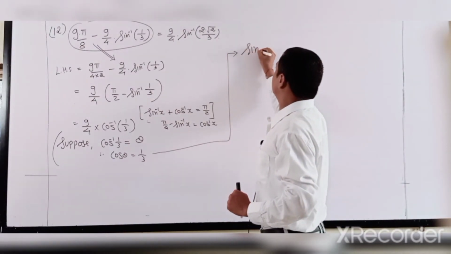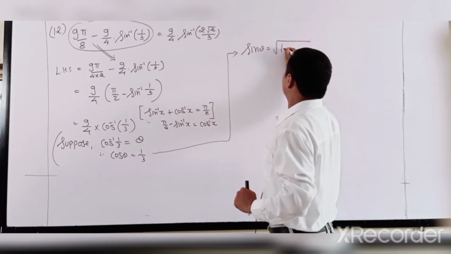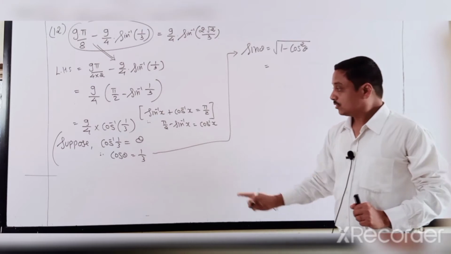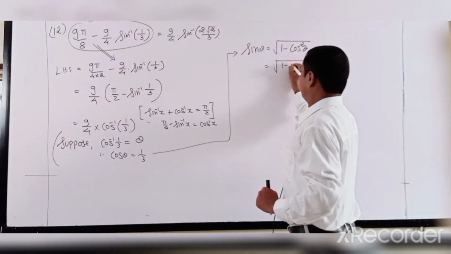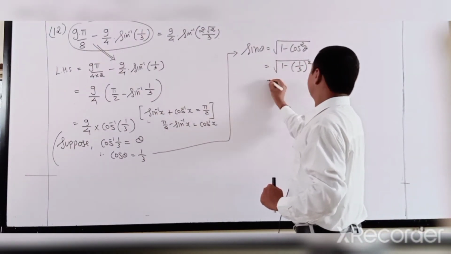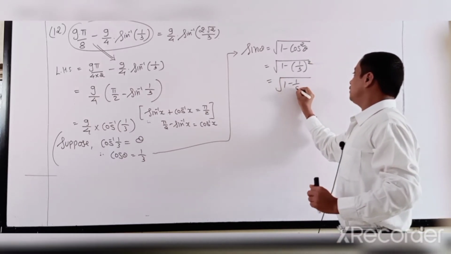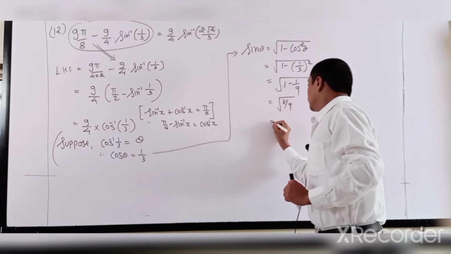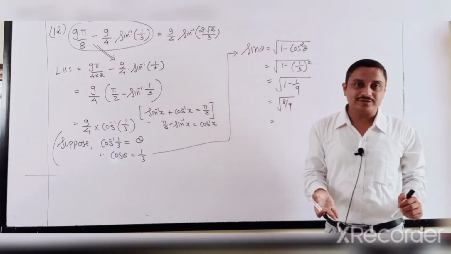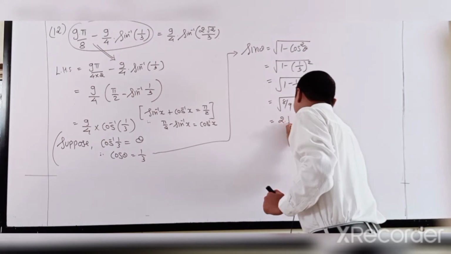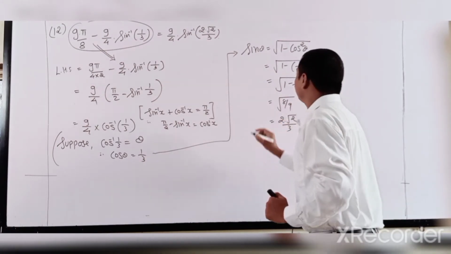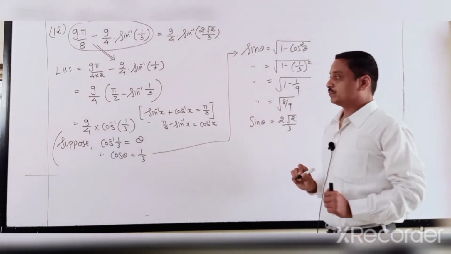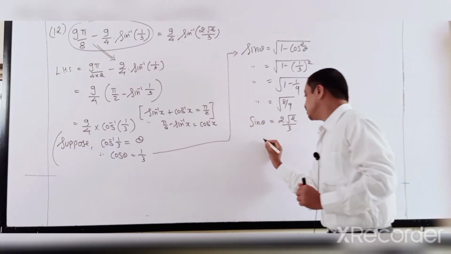And this 1 by 3, students, I just continue for the sine value. So sine theta is under root 1 minus cos square theta. Cos I know that it is 1 by 3 square, so indirectly it is 1 by 9. So it is 8 by 9. You know students, what is the root of 8 by 9? Yes, 2 root 2 by 3. So finally, what is theta?